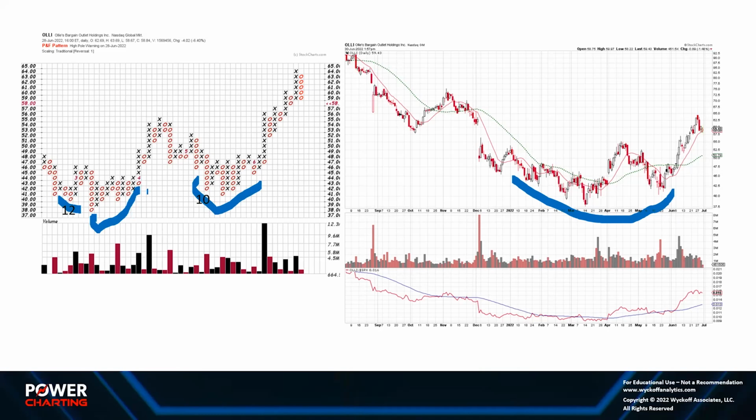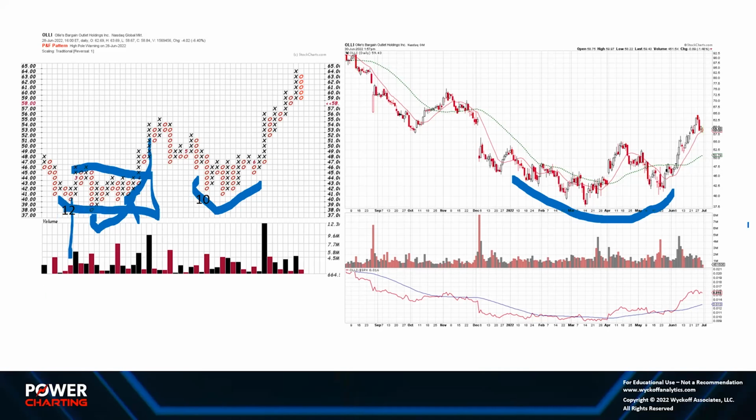So we're doing one box reversal, traditional scaling, and we have 12 columns across from the point at which this low right there starts to turn into an uptrend to this place right here where a low is put in, an important rally that sets the trading range.